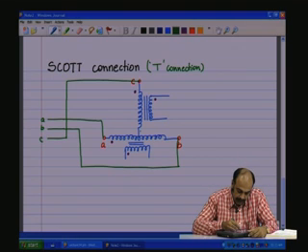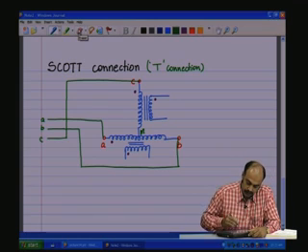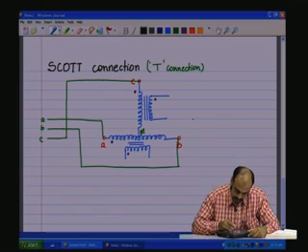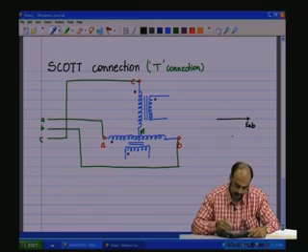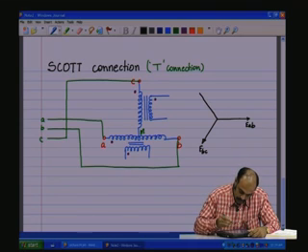Now, this is the center tap and we will call this position M. Now, if we take the vector diagram again, so I have EAB, EBC, ECA.